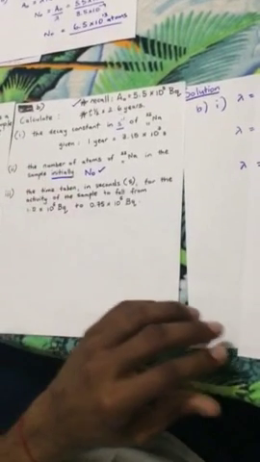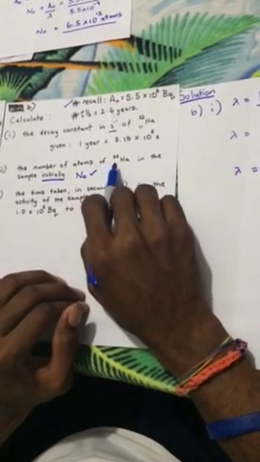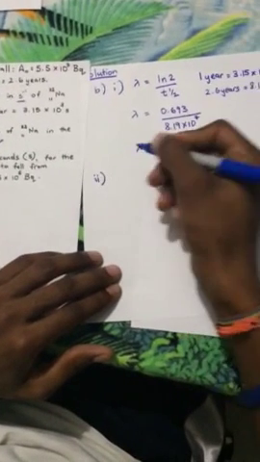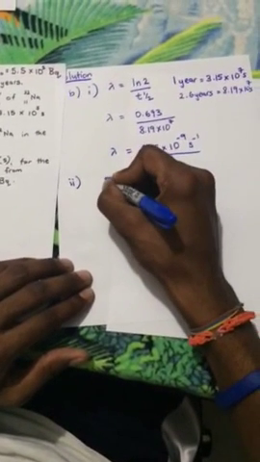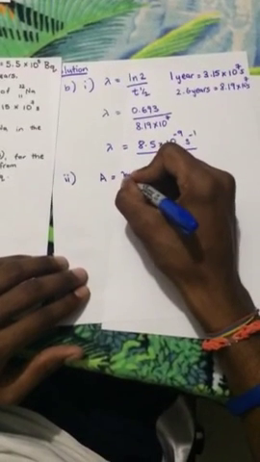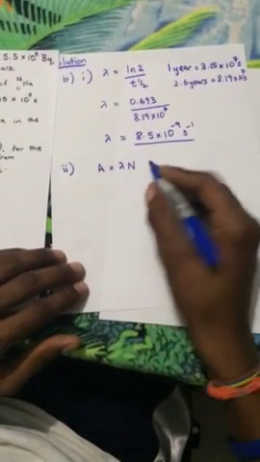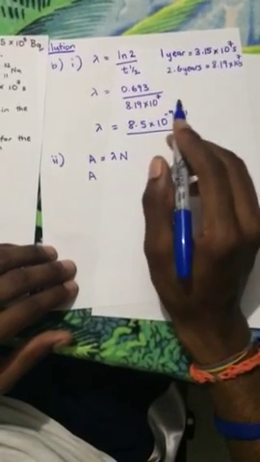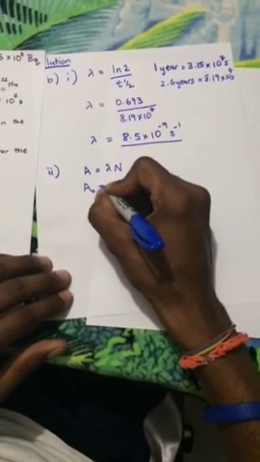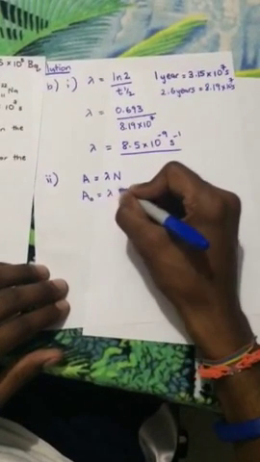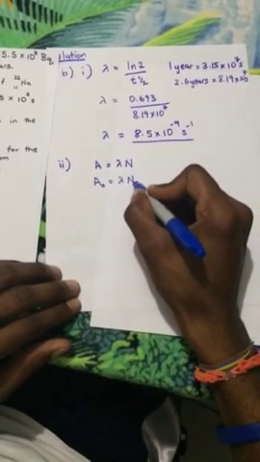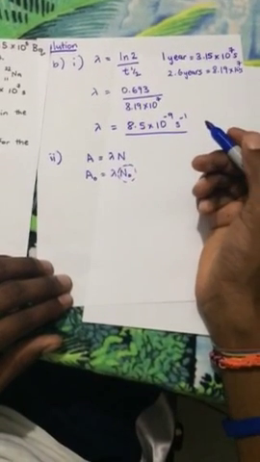Now part 2 asks us to work out the number of atoms of sodium-22 in the sample initially. Again, if you remember the relation between activity and the number of atoms present, A equals lambda N, in terms of initial activity and the initial number of atoms we just put a little subscript 0, and we get A naught equals lambda N naught. This is what they want us to find, N naught.